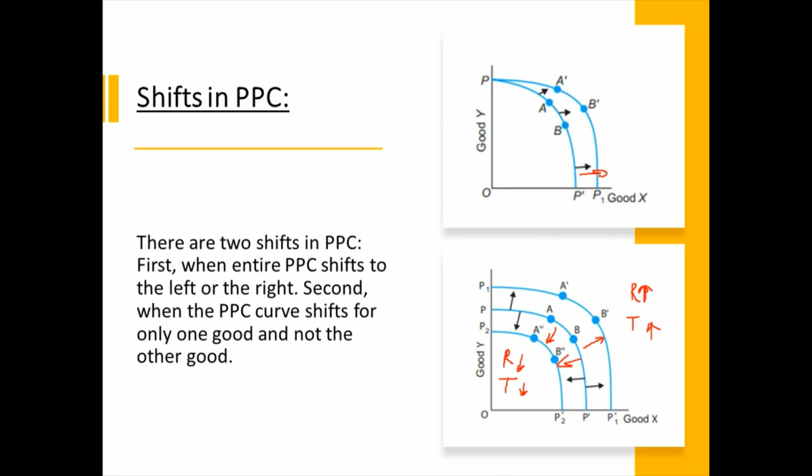Maybe a new technology has been developed or more resources are available that lead to a shift in the production of good X, and the production of good Y does not increase. Similarly, there can be a shift from just the good Y side.